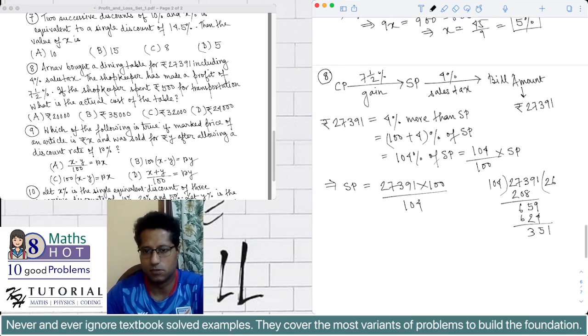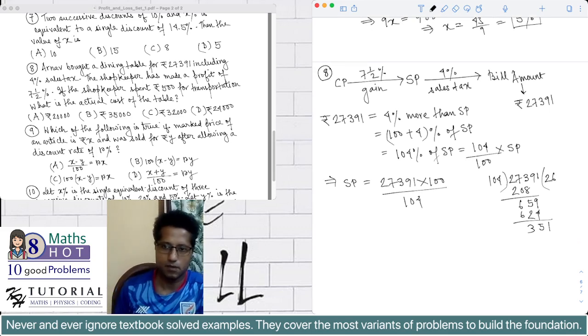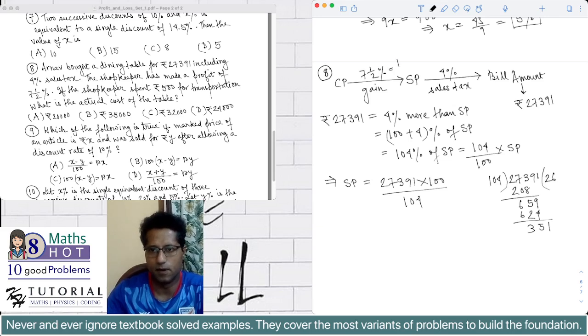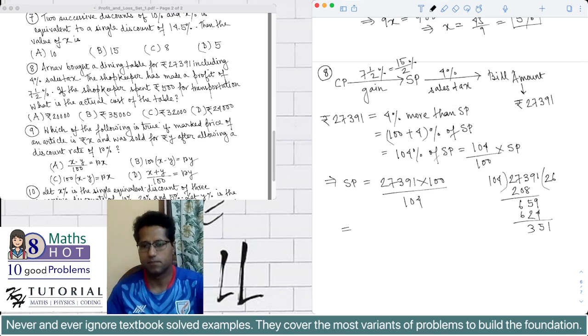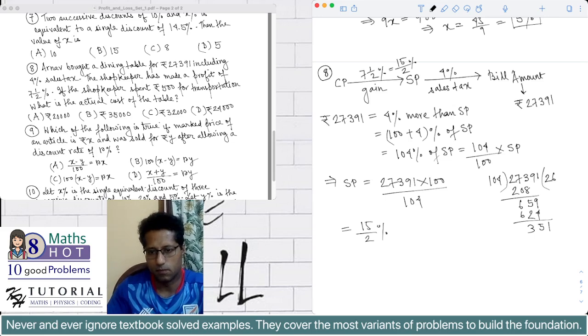Okay, so we have the selling price. Now once the selling price is known, the shopkeeper makes a gain of 7.5%. Now 7.5% means 15 by 2%. So we can also say that the selling price is equal to 15 by 2% more than CP.